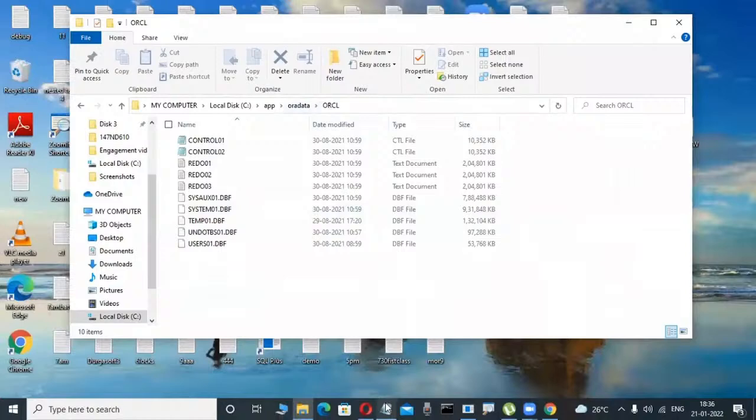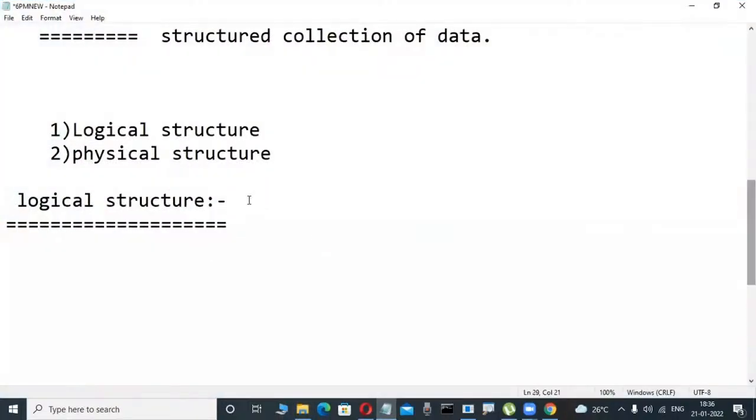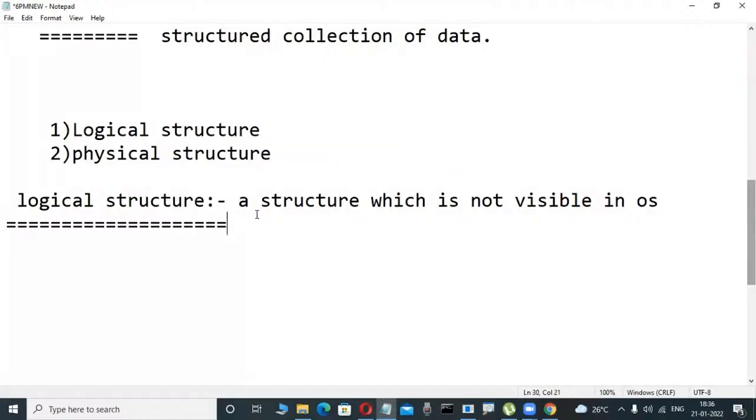Don't write it down: a structure which is not visible in the operating system is called a logical structure of the database.